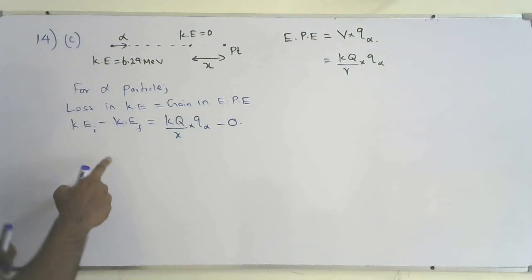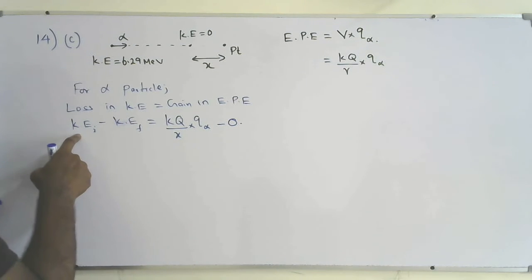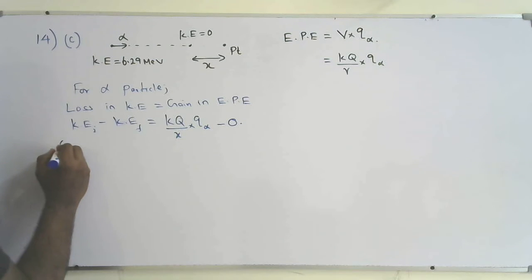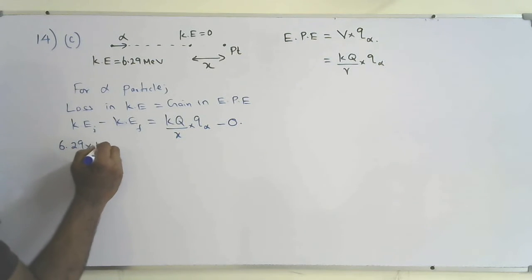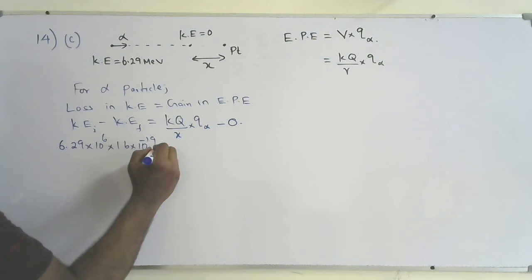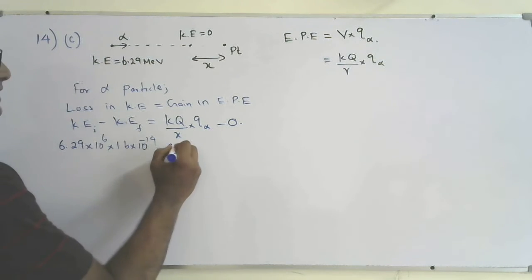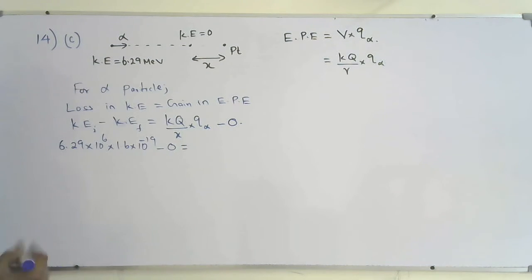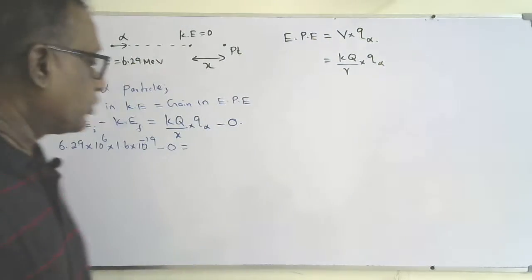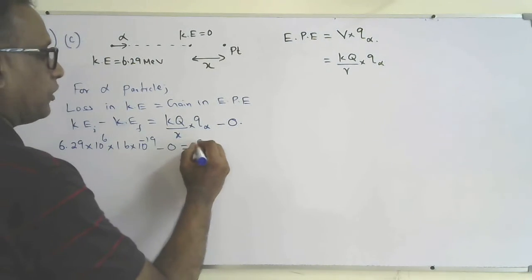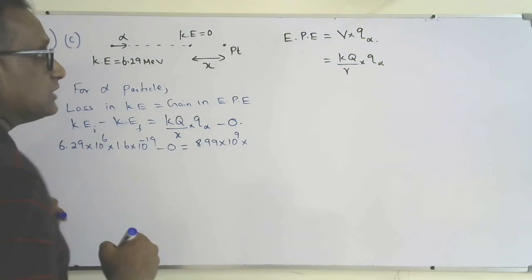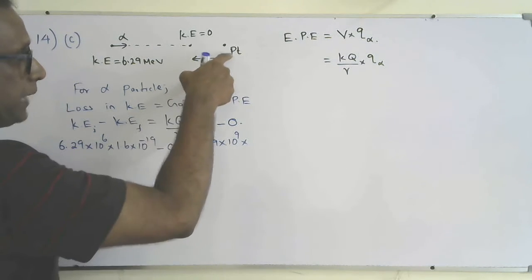Okay, so substitute the values here. You can find the kinetic energy initially is given as 6.29 mega electron volt. Mega means 10 to the power 6. Convert electron volt to joule: 1.6 times 10 to the minus 19. The final kinetic energy is 0 because the alpha particle is coming momentarily to rest at that closest point. Equals k, which is 8.99 times 10 to the power 9, times the charge q of the platinum nucleus.